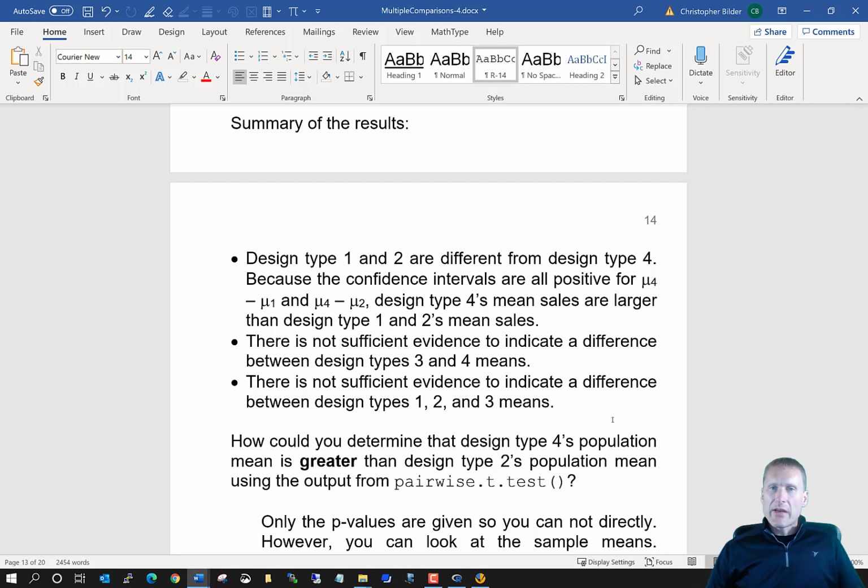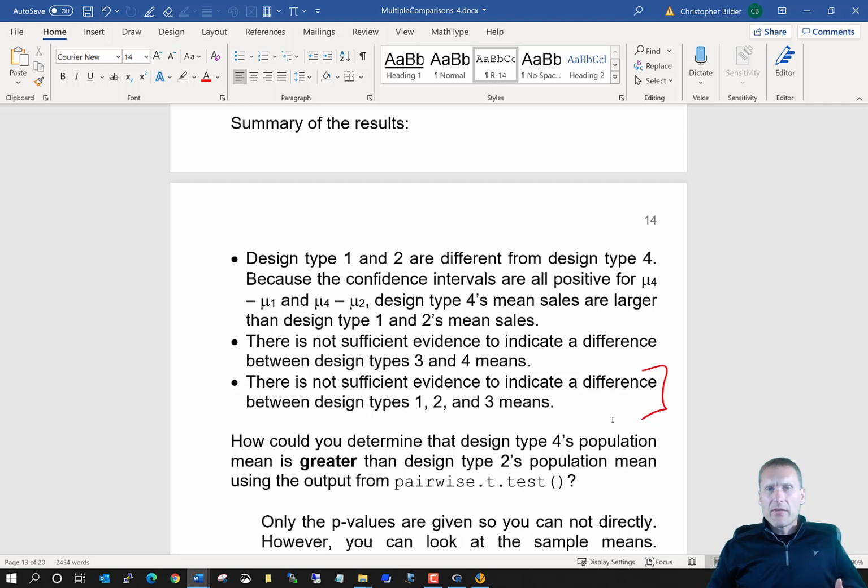There's not sufficient evidence, though, to say that design 3 is going to give you more or less sales than design 4. And there's not sufficient evidence to indicate a difference between designs 1, 2, and 3.